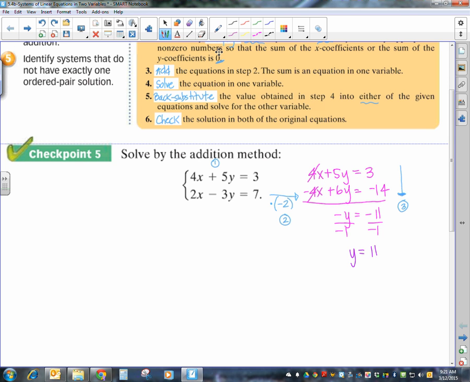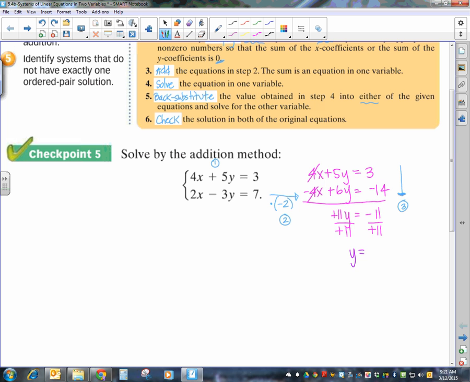A negative 3 times a negative 2 is a positive 6y. So that means that down here, this part of my equation would be negative 11. So I divide both sides by 11. So negative 11 divided by 11 is negative 1. A lot of positives and negatives.